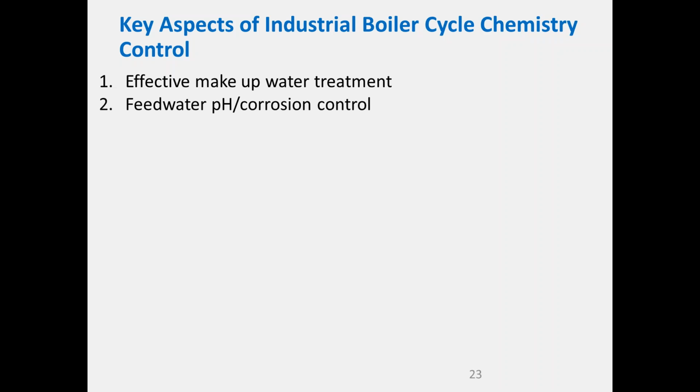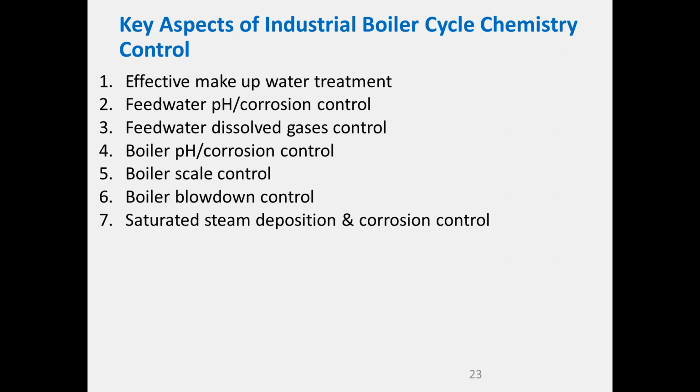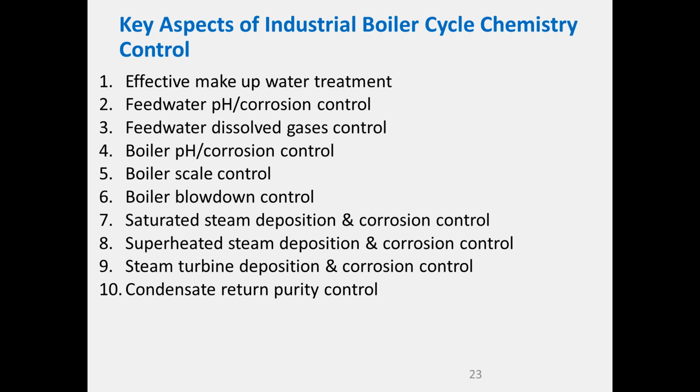So what are the key aspects of industrial boiler cycle chemistry control? Obviously, effective makeup water treatment, we'll come to that. We're going to go through each of these. Feedwater pH corrosion control, feedwater dissolved gases control, boiler pH and corrosion control, boiler scale control, boiler blowdown control, saturated steam deposition and corrosion control, superheated steam deposition and corrosion control, steam turbine deposition and corrosion control, if you have a steam turbine, not all plants do.